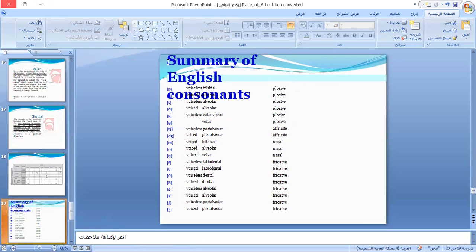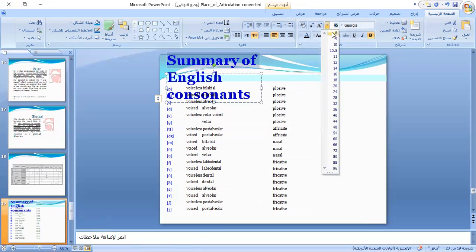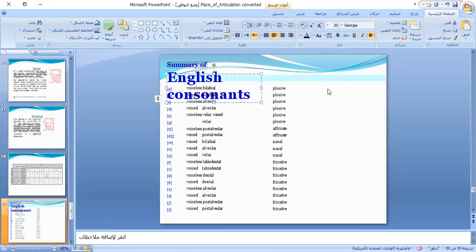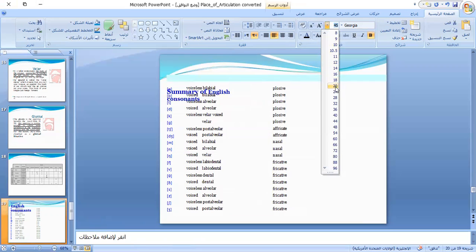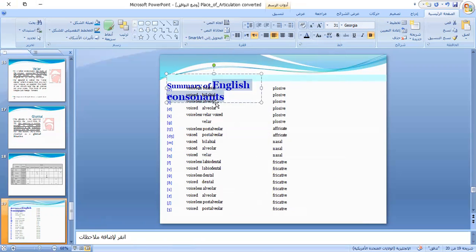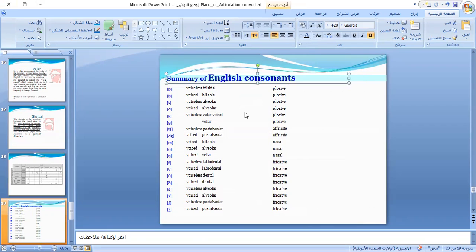Summary of the English consonants. As you see here, they are also classified as voiced and voiceless: P, voiceless bilabial plosive.